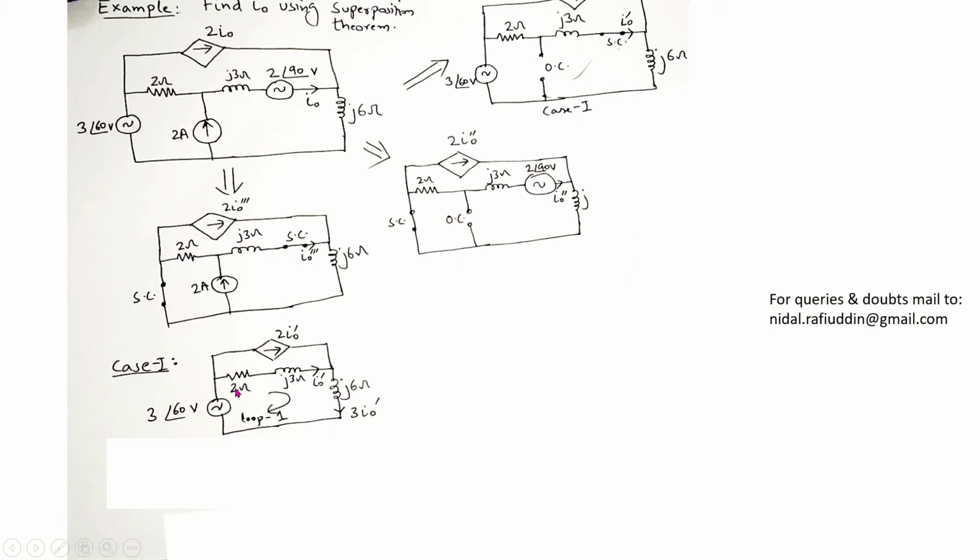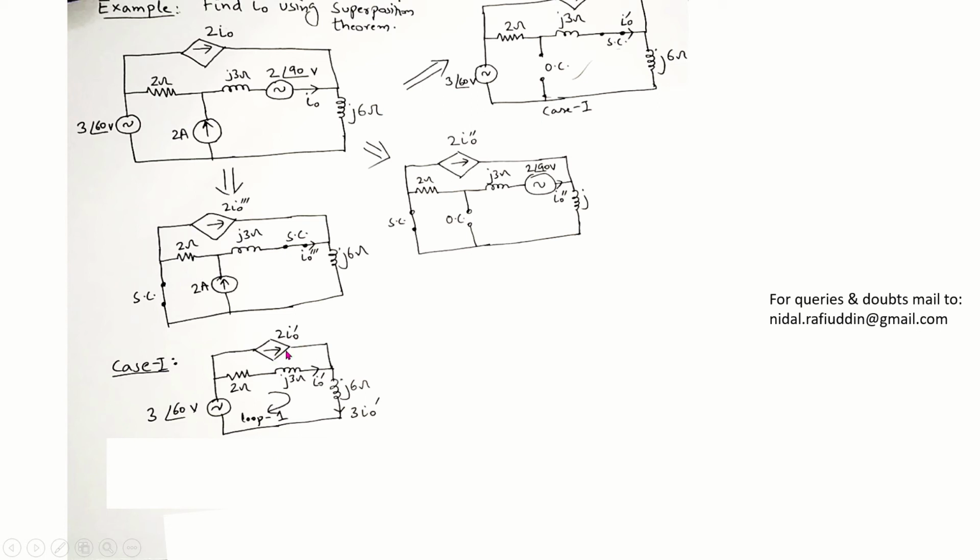Now we will be applying KVL to this loop, and we'll be avoiding the loop that comprises the current source, so we won't be applying KVL in the outer loop. Before applying KVL to this smaller loop, if you're going to apply mesh analysis, which I think is the most convenient of all, it's better that you apply all the KCLs on the circuit itself.